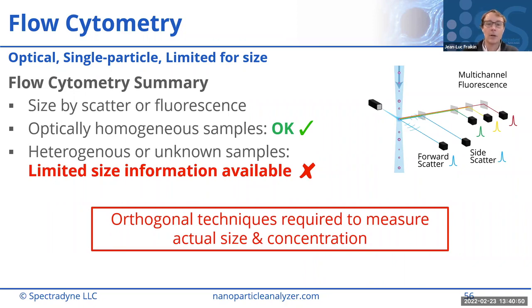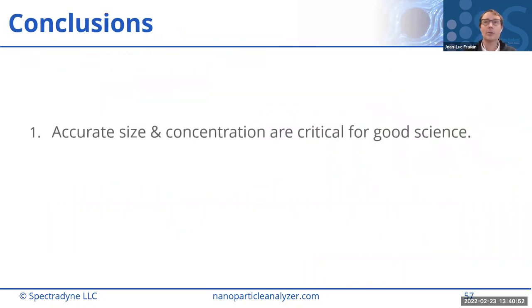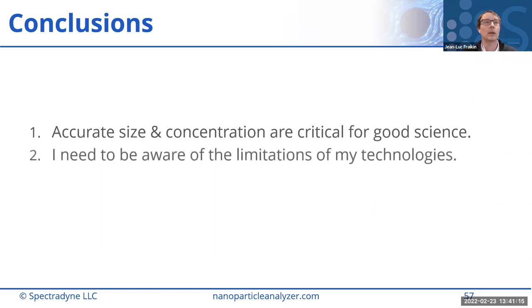All right, so I'd like to conclude by summarizing the 3 main points that I hope you can take away from this webinar. First of all, accurate size and concentration are critical for good science. Remember, they are experimental parameters that must be controlled in order to perform well-controlled science, right? And they're critically related to the dose and measuring the efficacy of your product.